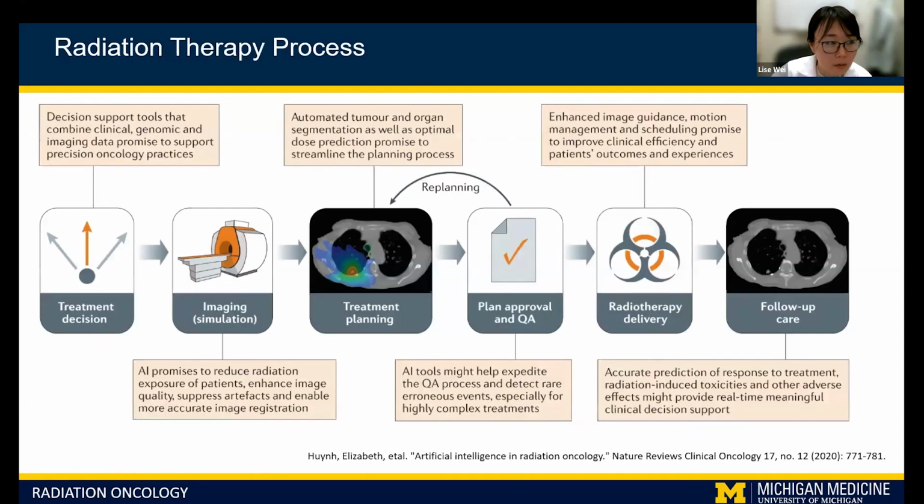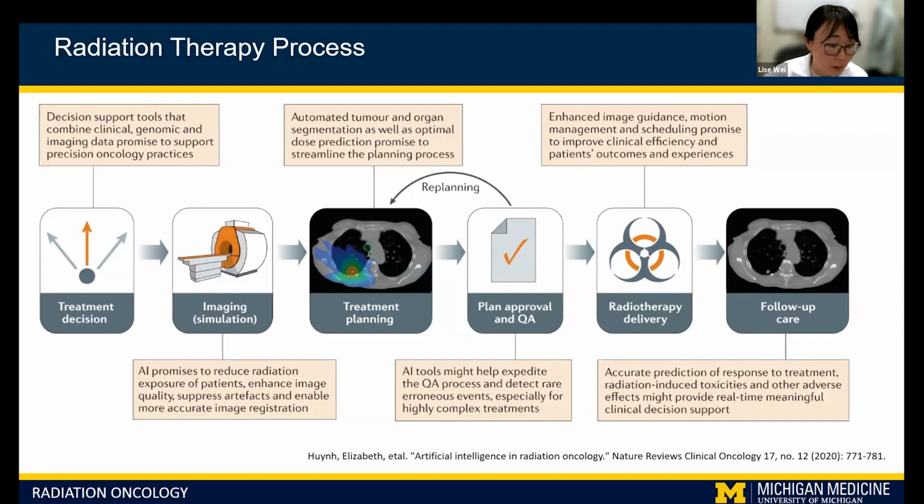And this is the radiation therapy process. The first step is that the physician will make a treatment decision. For cancer treatment, besides radiotherapy, there's also chemotherapy and, of course, surgery.